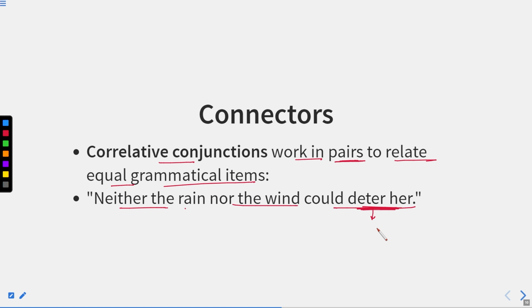Okay, so neither the rain nor the wind could deter her, it means could prevent her from doing anything. They could not prevent her from doing something. It means there was nothing that could be an obstacle in her path.